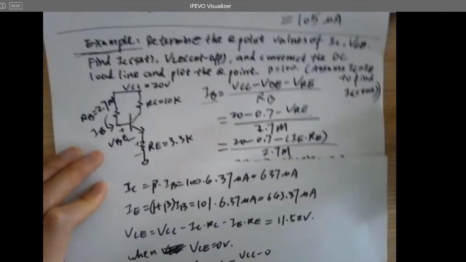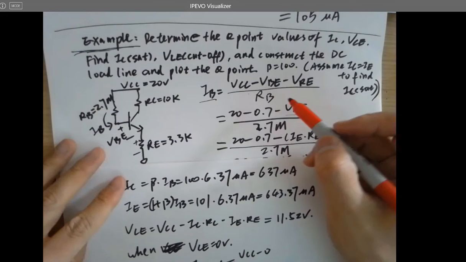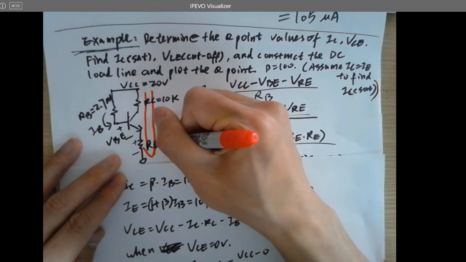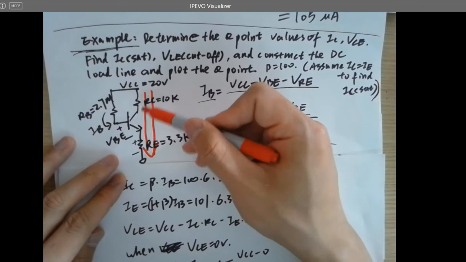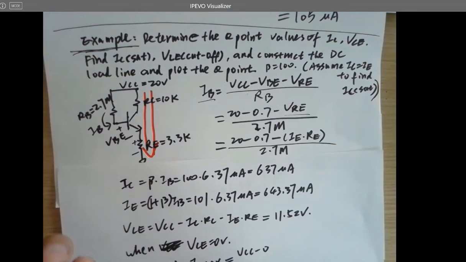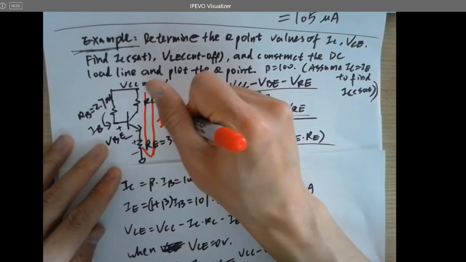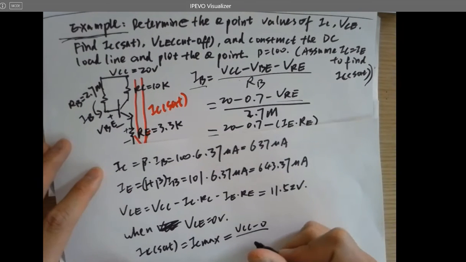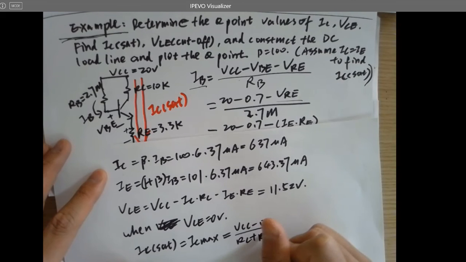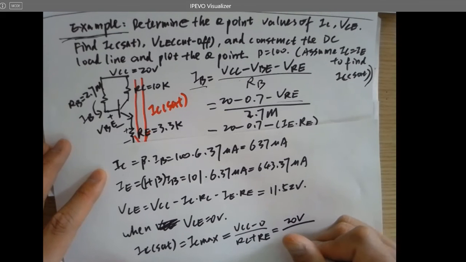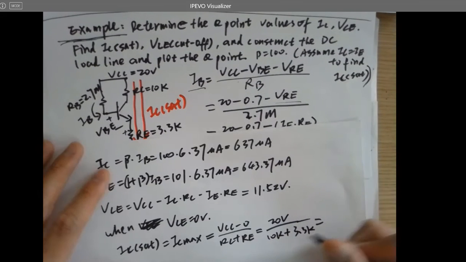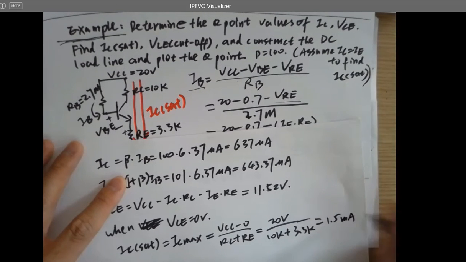So get the current, that's why I assume IC equals IE for this case, because I'm assuming there's just one current flowing through the NPN junctions from top to bottom, just one current when VCE is 0, because I'm going to use this voltage divided by RC plus RE, 20 volts over 10K plus 3.3K. So this is 1.5 milliamps.